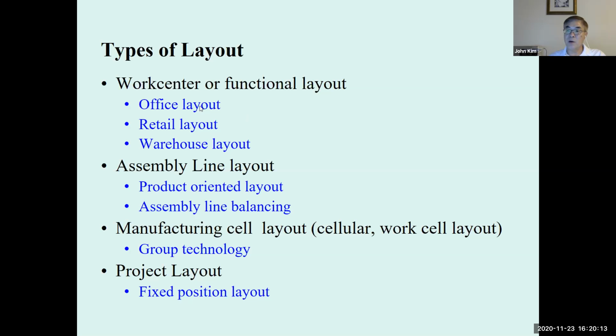That is an office layout, retail layout, or warehouse type layout.